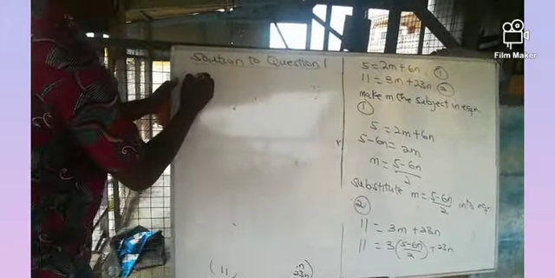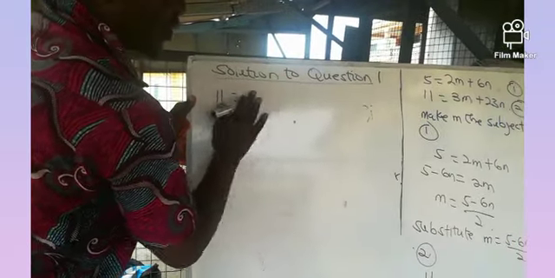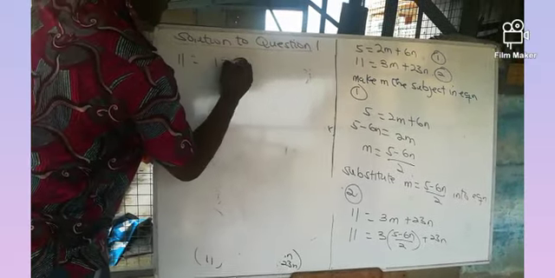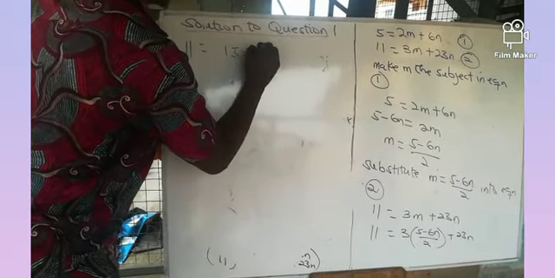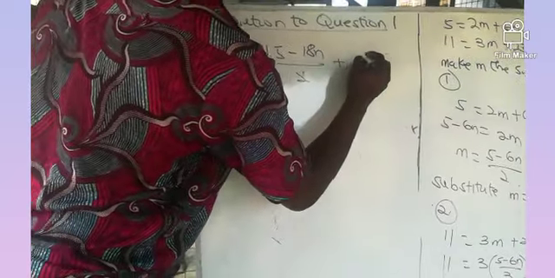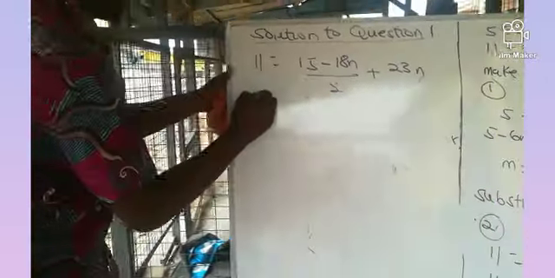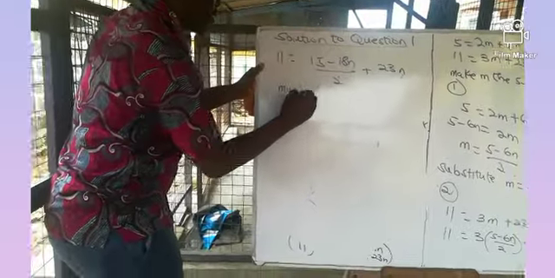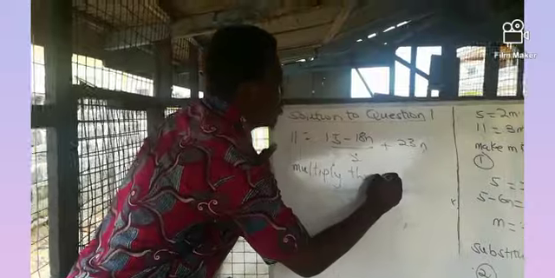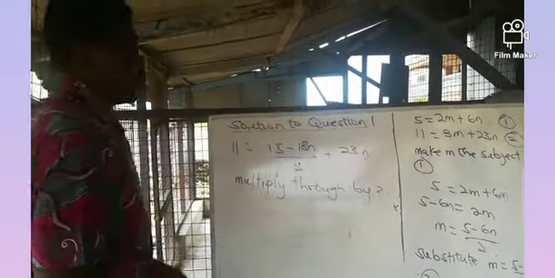So continuing from there, we have 11 is equal to 3 times 5 will give us 15, 3 times 6 will give us minus 18n all over 2 plus 23n. So we can multiply by 2.